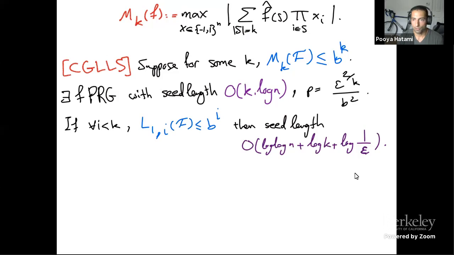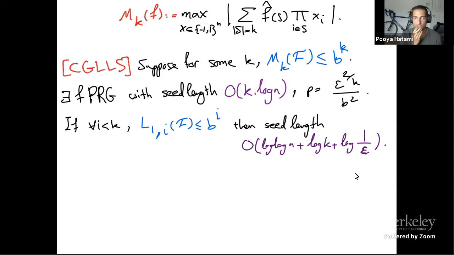And in fact, they show that you can improve the seed length of this fractional PRG to log n plus log k over epsilon, if you had a bound on the L1 norm, but on the lower levels. So we still are not assuming a bound on all levels. We're saying that all of the tail bounds we have are up to level k, and on level k, we only have this without the absolute value bound.